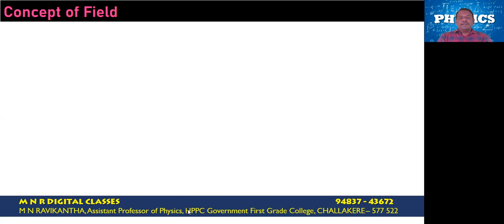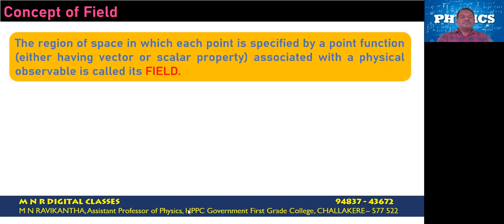Concept of field. The region of space in which each point is specified by a point function, either having the vector property or the scalar property associated with the physical observable, is called a field. Field associated with the point function.